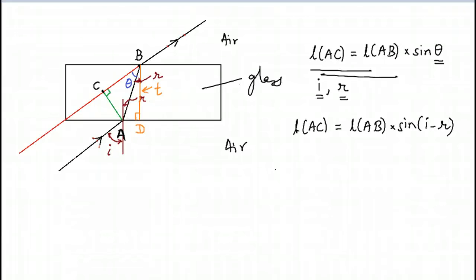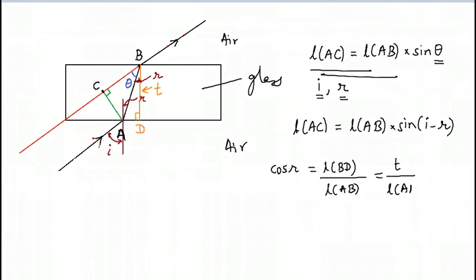What I can do is I can write cos R. So cos R from triangle BDA is of course the adjacent side, which is length BD, and I have to divide that by the hypotenuse, which is length AB. But length BD is nothing but T, the thickness of the slab, divided by length AB.